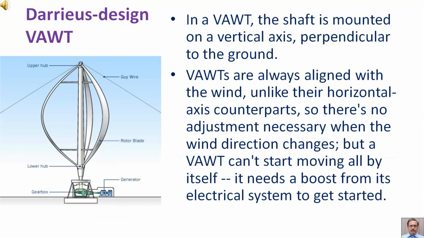In a VAWT, the shaft is mounted on a vertical axis perpendicular to the ground. VAWTs are always aligned with the wind, unlike their horizontal axis counterparts, so there is no adjustment necessary when the wind direction changes.